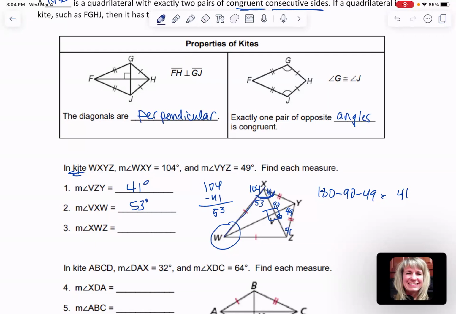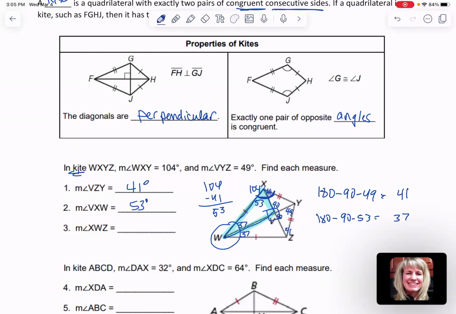This triangle right here, I probably should do it with a highlighter, has its angles add up to be 180 also. We've got that 53-degree angle and the 90-degree angle. So 180 minus 90 minus 53 would be 37. So this angle right here is 37. This angle right here is going to be equal to that 37 as well. These are congruent triangles.